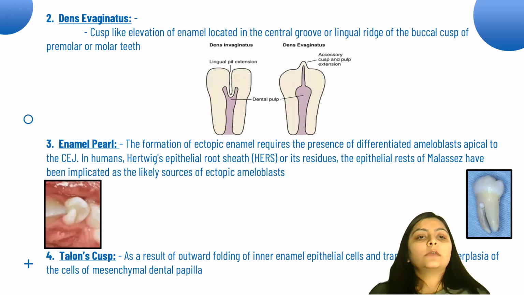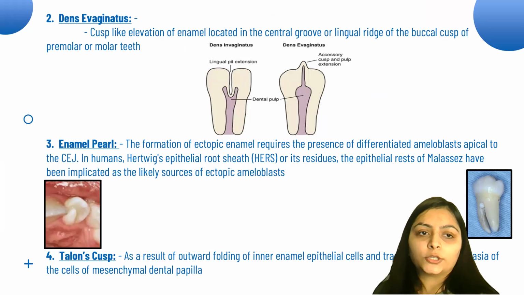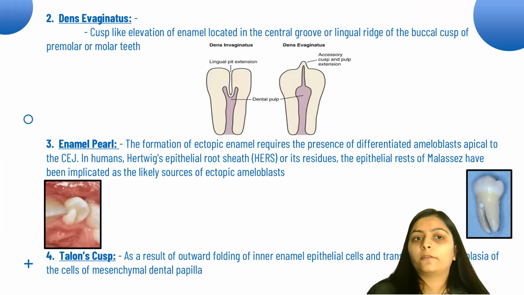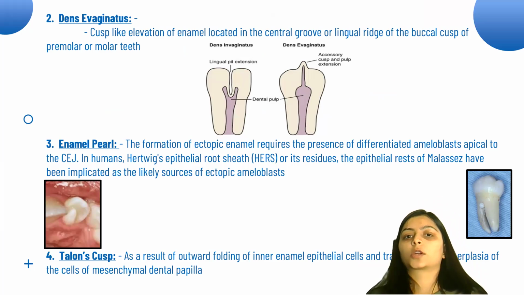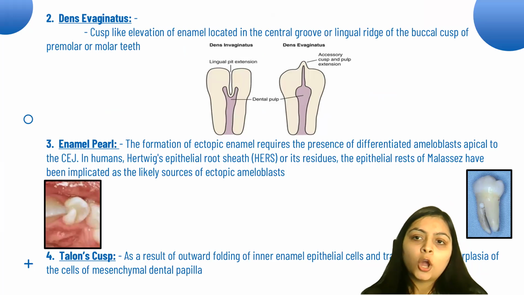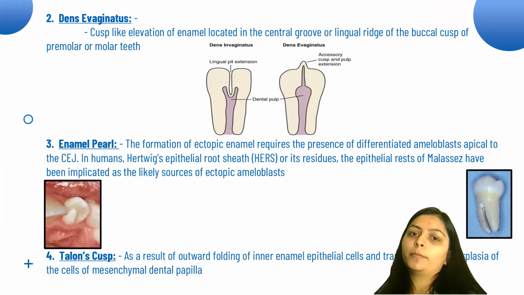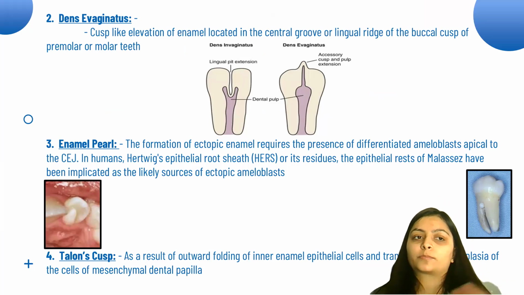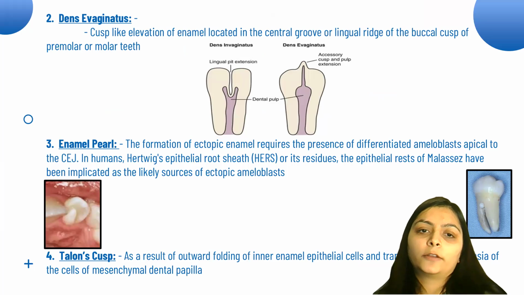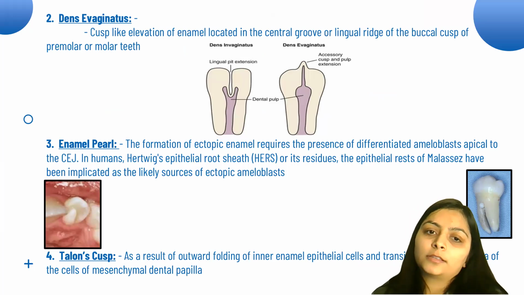Then we will see what we mean by dens evaginatus. It is a cusp-like elevation of enamel located in the central groove or lingual ridge of the buccal cusp of premolar or molar teeth. It will be like an extra cusp on the occlusal surface of the teeth. In simple terms, we can see the difference between dens invaginatus and evaginatus in this picture.